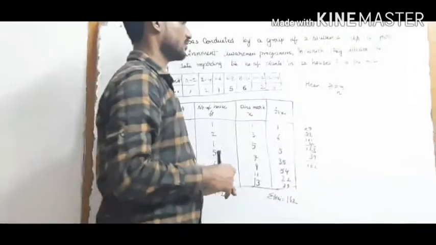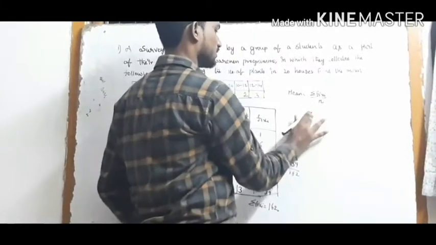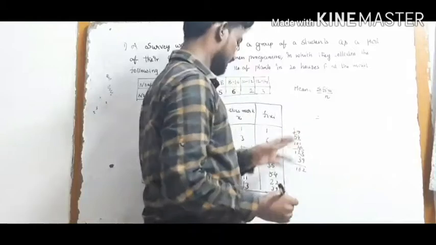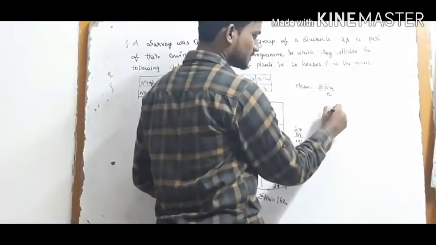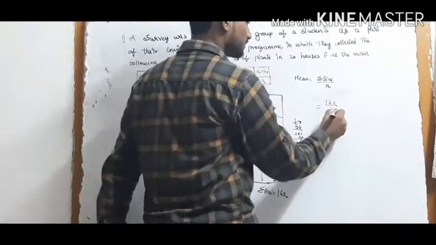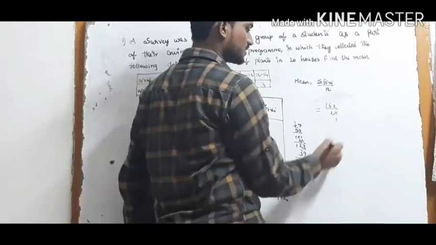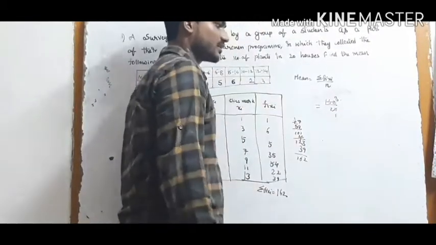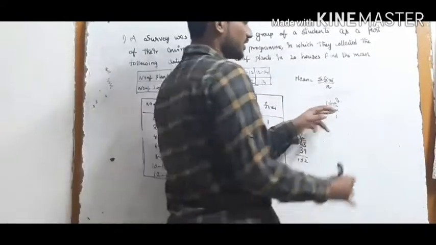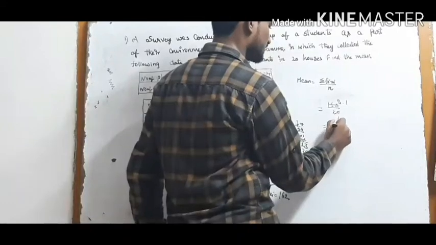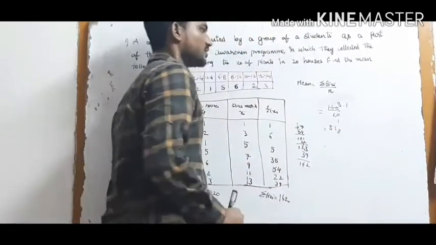Now we substitute: sigma Fi xi is 162 by n is 20. 8 into 20 is 160, and 2 will be the remaining. That is 8.1, the mean of these observations.